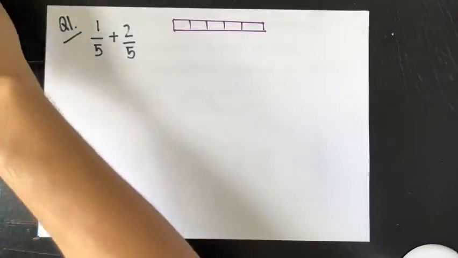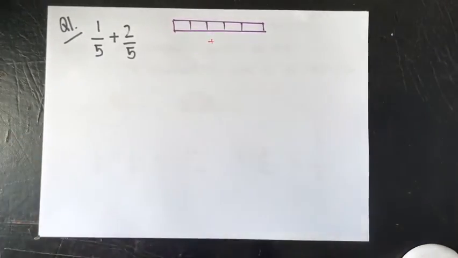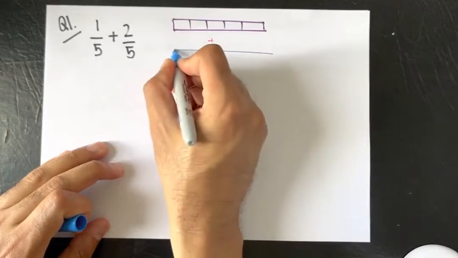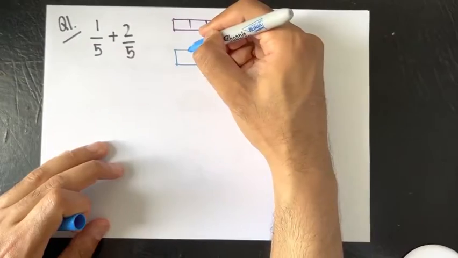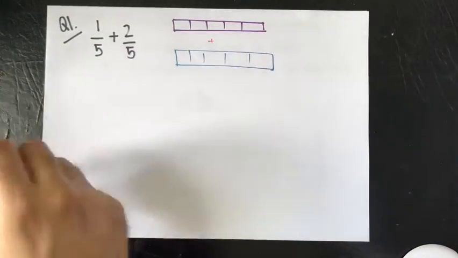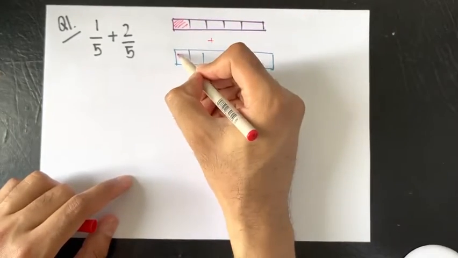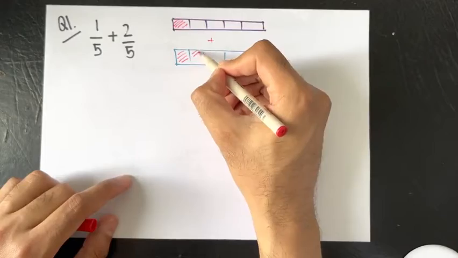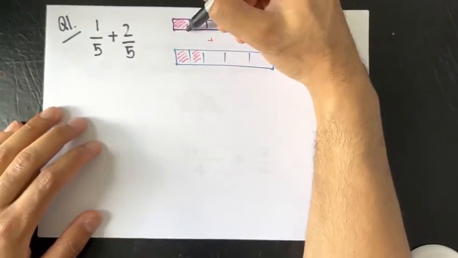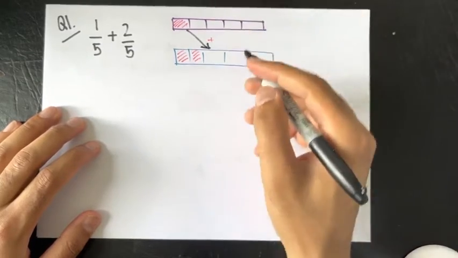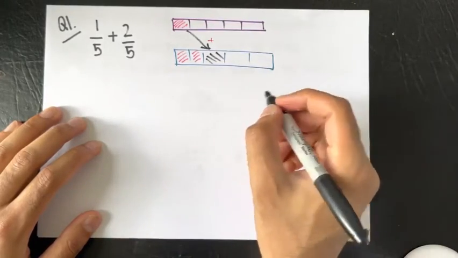And then you're adding 1/5 here and 2/5 here. So you can move this 1/5 to fill in one of those gaps. Then you're left with 3/5.